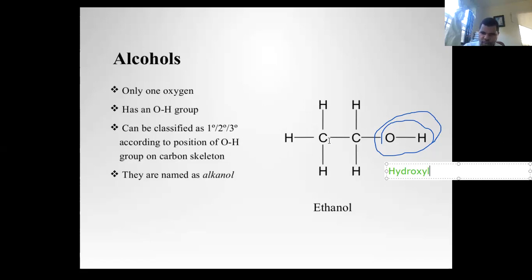For example, this carbon here is primary because it's attached to only one carbon atom. In some cases, you will have carbons that are attached to two other carbons. For example, this one here is attached to this one, and you can also have a next carbon here if the chain continues. In that case, this would be a secondary carbon.